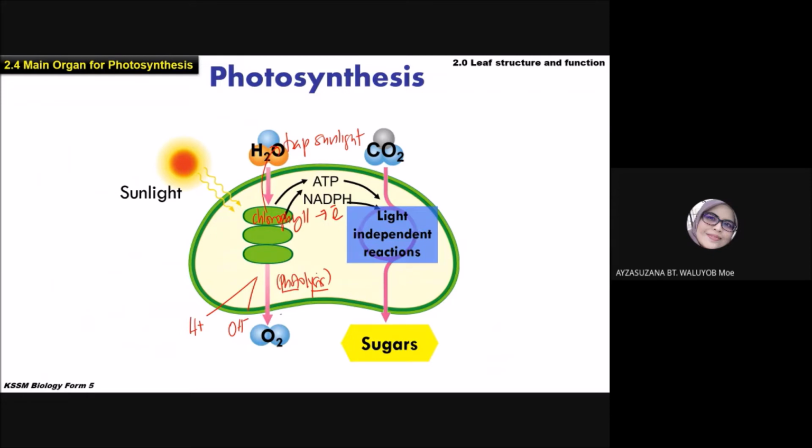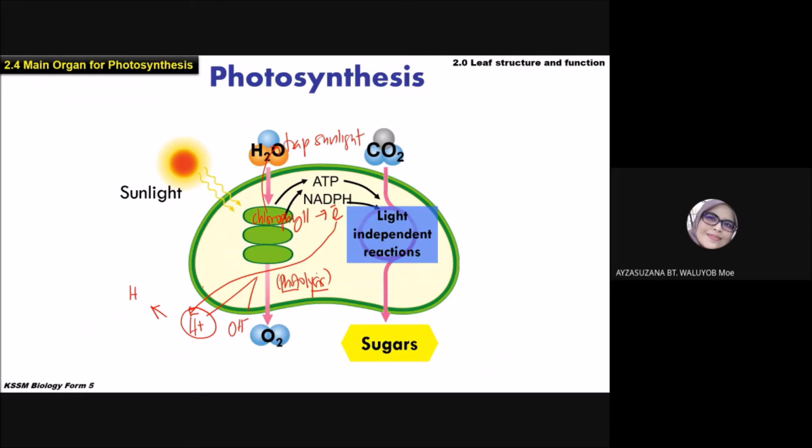Okay, so each hydrogen ion, okay, receive an electron. Okay, so hydrogen ion here, they receive the electron that released from the chlorophyll tadi. Okay, become hydrogen atom. So this electron will receive by the hydrogen ion, become hydrogen atom.